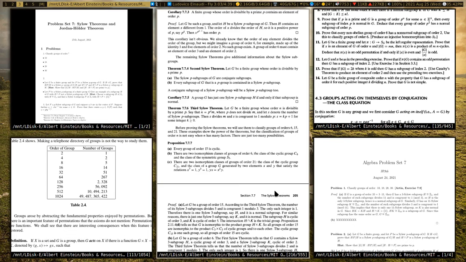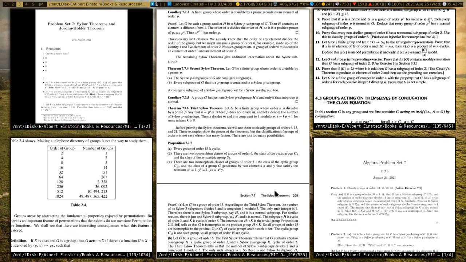Case 1: H is normal in G. And we've got either Z2 cross Z9, which is Z18, or we've got Z2 cross Z3 cross Z3, which is Z3 cross Z6, but whatever.